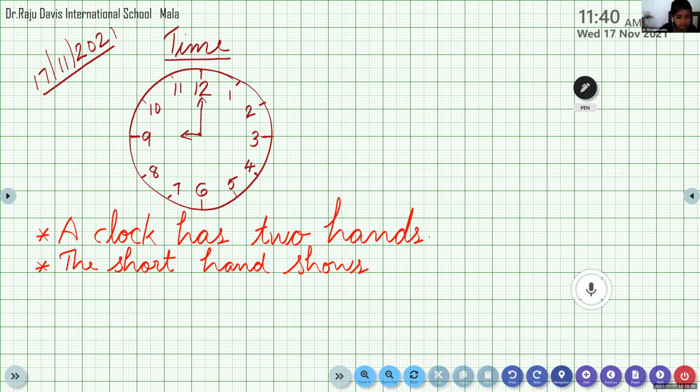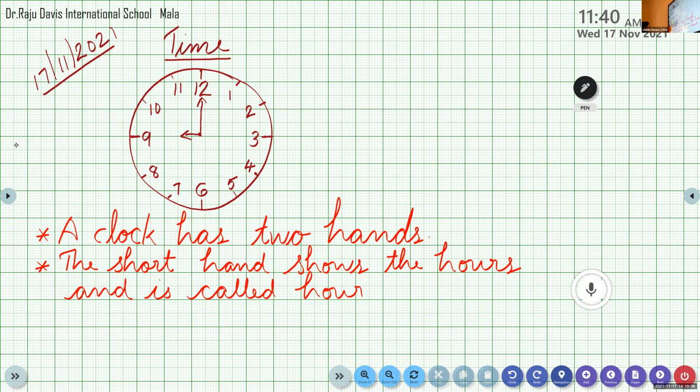And is called hour hand. Underline the word hour hand. Ma'am, what is the spelling of shows? S-H-O-W-S. Thank you, ma'am.